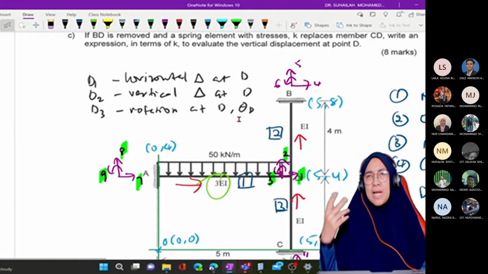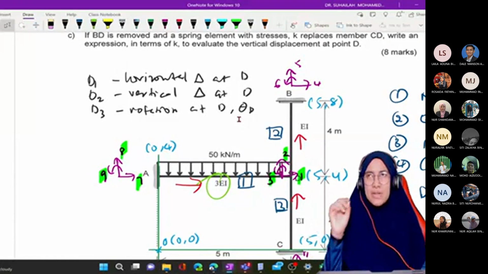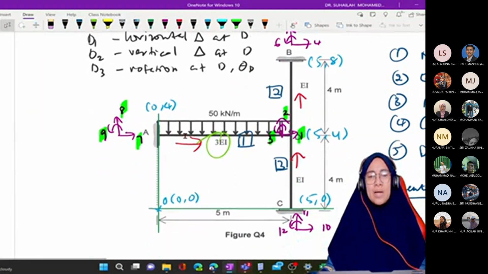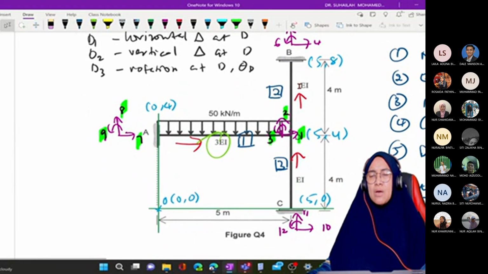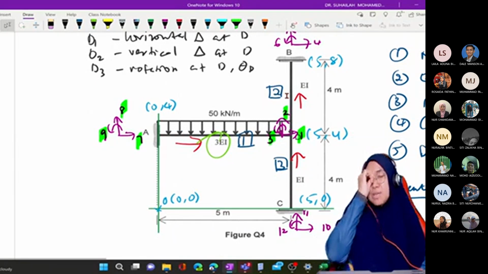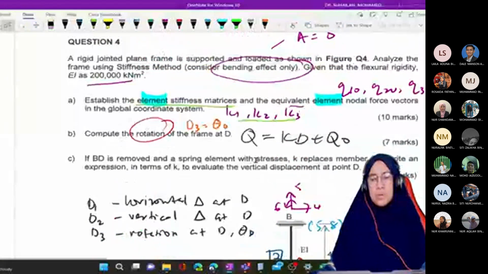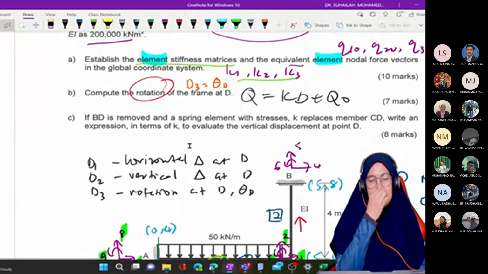If you can calculate, for example, the reaction at fixed end B, it will represent the same as when you calculate the reaction at A or C. So if the reaction is asked, they will ask at a certain position only, because they want to see your understanding.